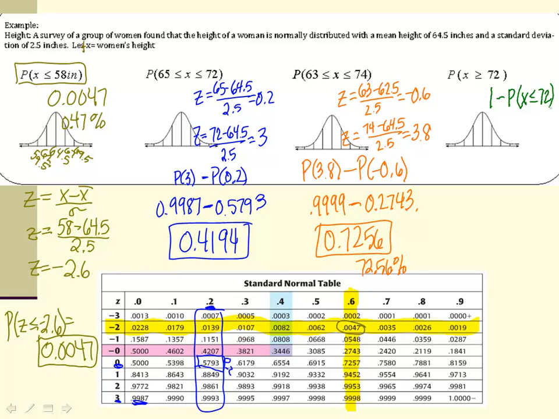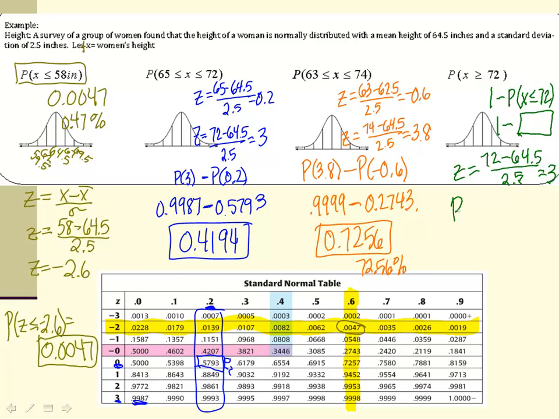So we're going to do 1 minus whatever the probability is. Let's find our z-score for 72. So 72 minus 64.5 divided by sigma. If you simplify that, you get 3 exactly.